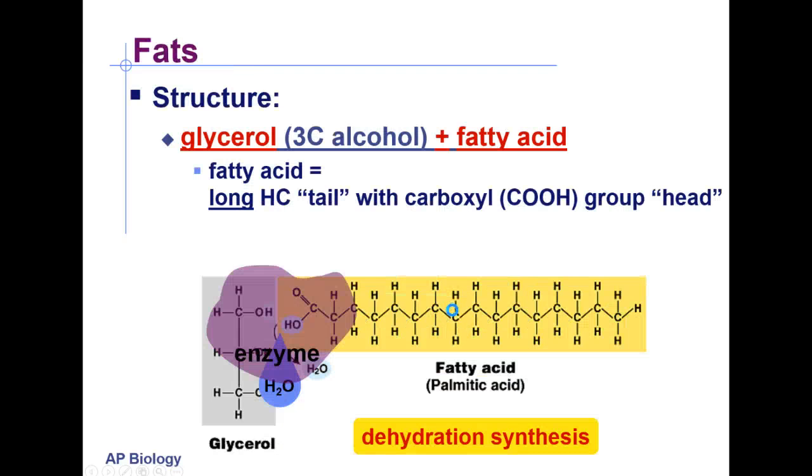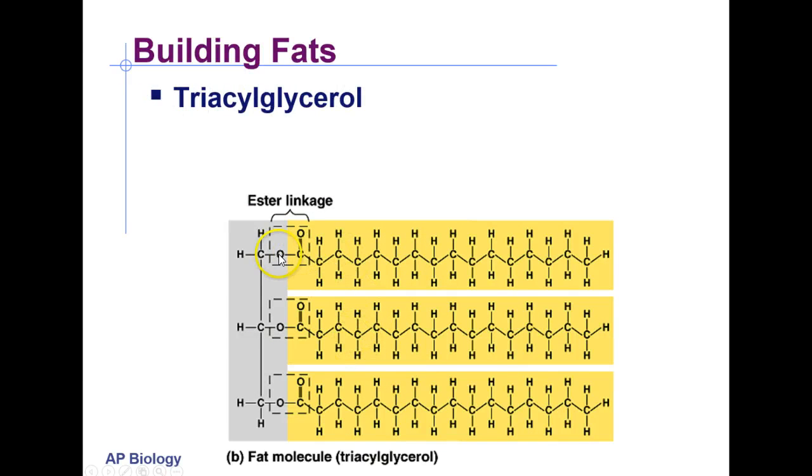And if we do that, I'll back up here a little bit. If you take a look here, let me get rid of that enzyme out of the way. There's actually 3 spots here where we can add a fatty acid chain to it. So if we use all 3 spots, our completed fat will look like this. 1 glycerol on the end, this is still a glycerol, a 3-carbon molecule, and then our 3 fatty acid chains hooked on.